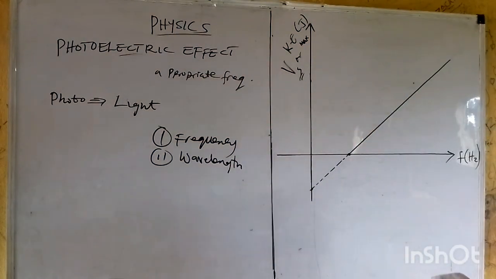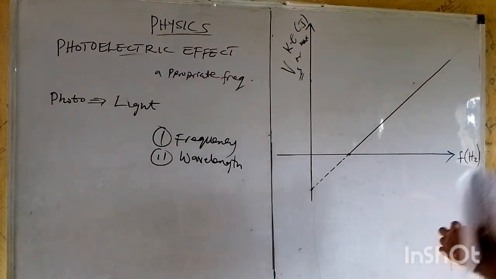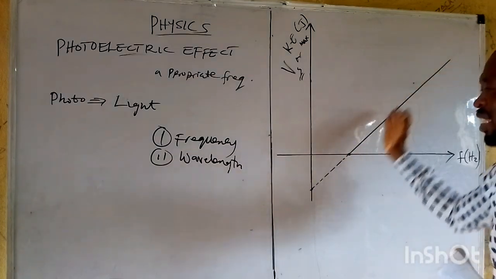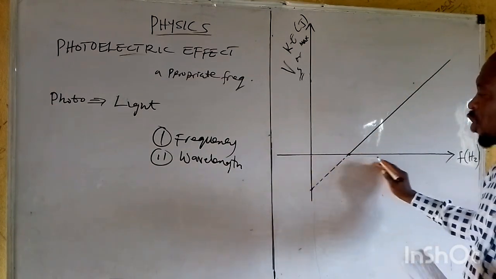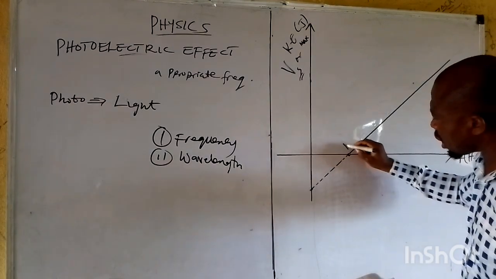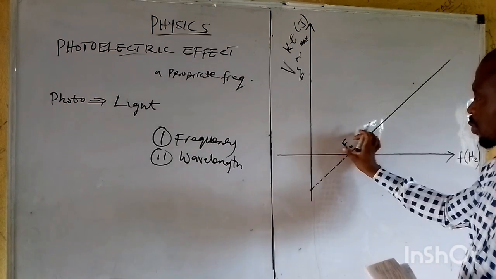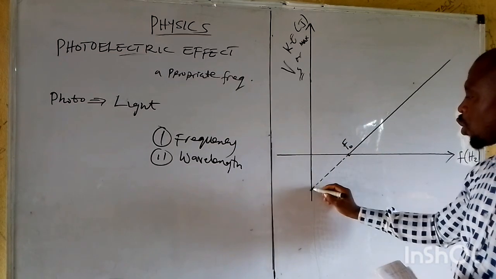So if it is plotted against frequency, three things will come from here. The first one is that we'll have a straight line graph cutting the frequency axis at this point. This point is the threshold frequency.